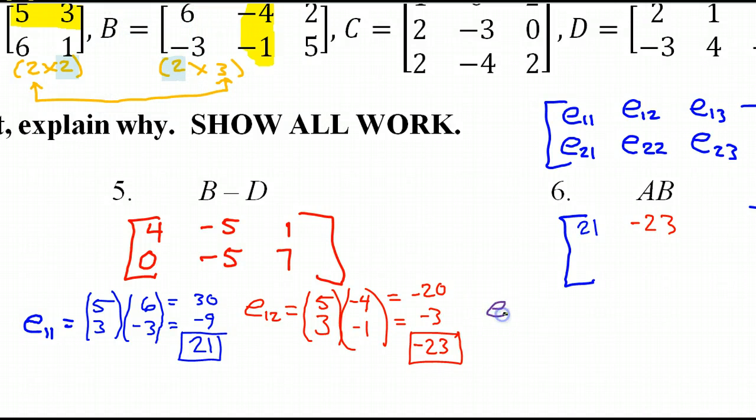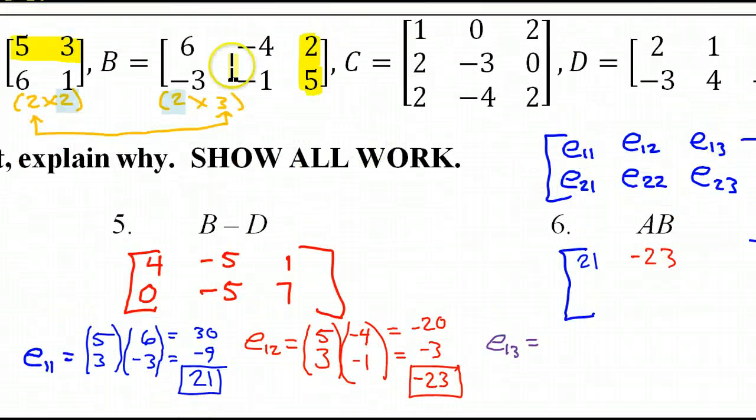So let's go ahead and find element 1, 3. Alright, that's first row, third column. So first row and third column. Okay, so that's going to look like this.